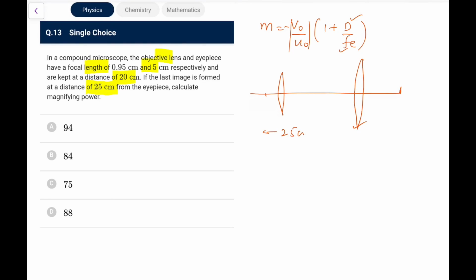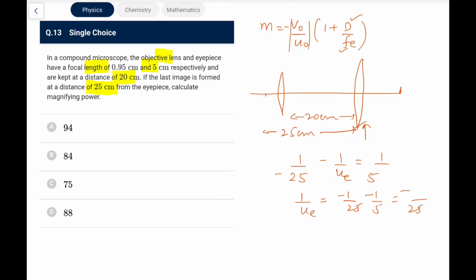This would be the final image. This distance is 20. So writing this equation, 1 upon V, that is minus 1 upon 25, minus 1 upon U, equal to 1 by FE, FE is 5, so 1 by U for eyepiece would be equal to minus 1 by 25 minus 1 by 5, LCM is 25, minus 6, so UE comes out as minus 25 by 6 centimeters.